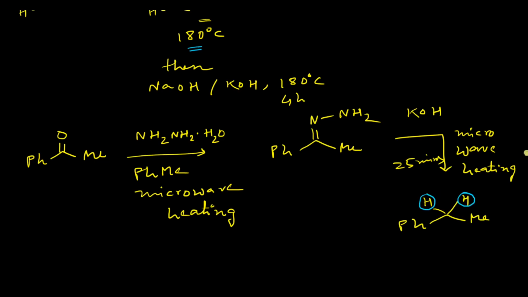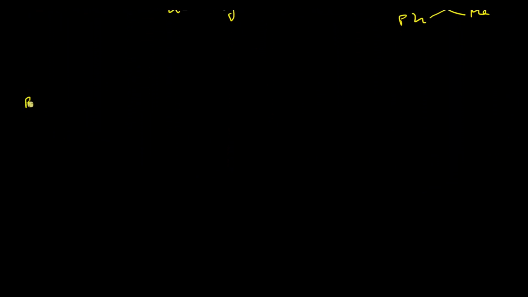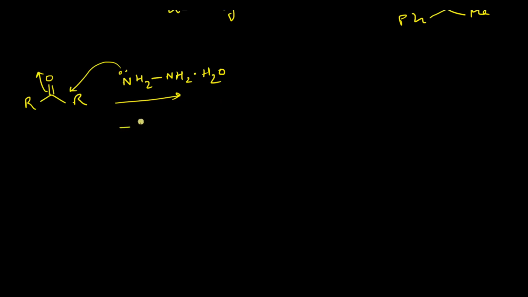So now let us consider the mechanism of Wolff-Kishner reduction. Initially, if we consider the normal hydrazine hydrate as the reacting partner with the carbonyl compound, then the condensation reaction will take place between these two compounds and will lead to the formation of the hydrazone derivative. I am not giving the detailed mechanism of hydrazone formation, you all know that. And during this process, one molecule of water will be eliminated from the system.